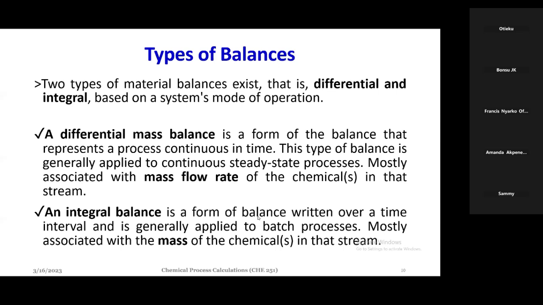So just take it as if we are integrating from time t equals zero, where we start the process, till when we finish the process. Because mind you, with the batch process, we feed in everything and then after some time we go and check. So the balance we do on batch processes, we call it an integral balance. And for the continuous process, it's called a differential mass balance.